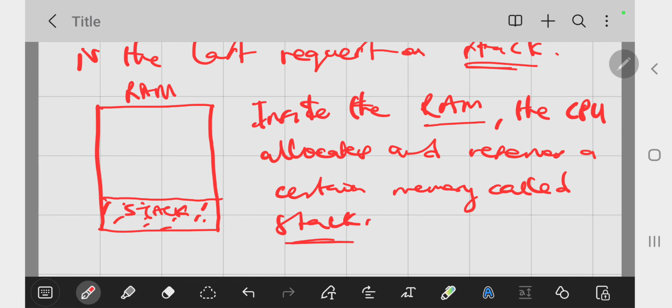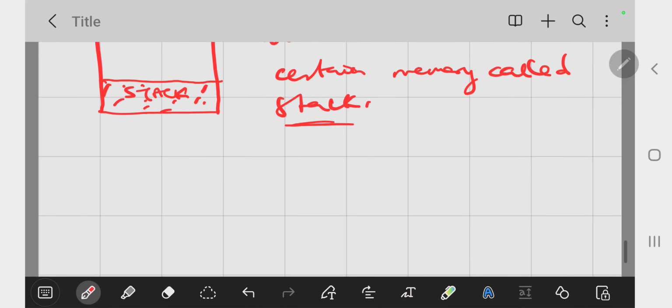But then that's not enough for us to understand stack. So stack memory, basically, what we can say about it is it is a special type of temporal memory inside of the RAM for data storage during program execution.